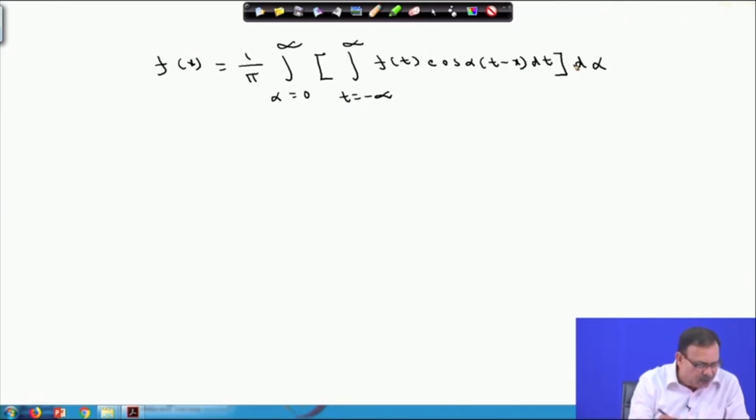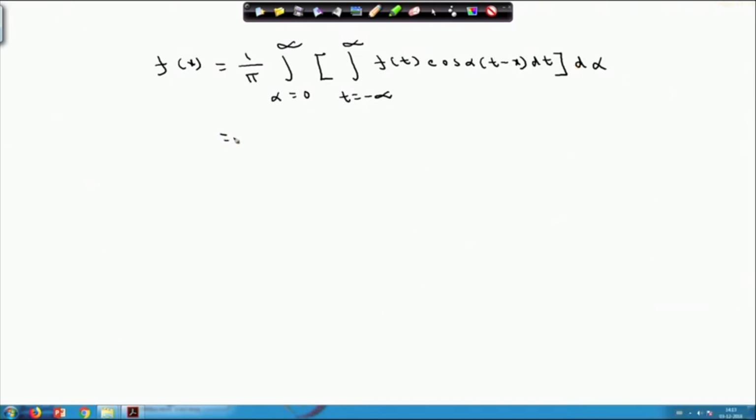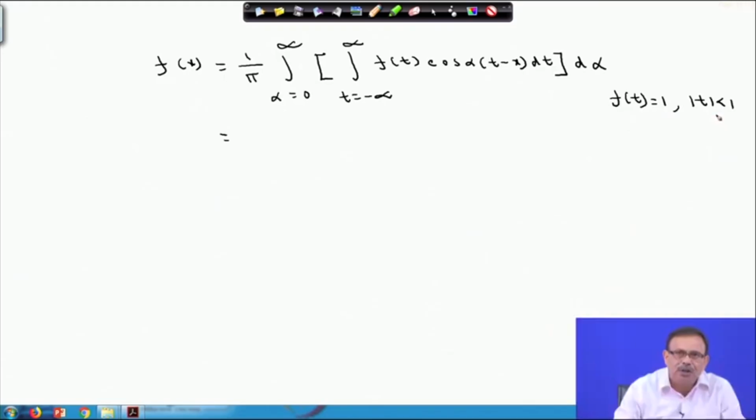Let us evaluate this one. Please note that f(t) is 1 whenever modulus t is less than 1, because f(x) was 1 whenever modulus of x is less than 1 and 0 whenever modulus x is greater than 1. So I only consider the part where f(t) equals 1 for modulus t less than 1.